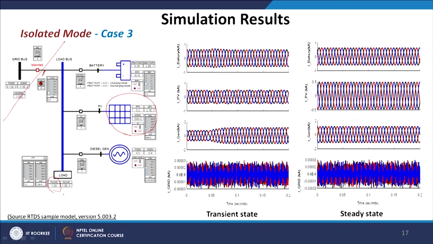So, I need a large amount of power, and that needs to be maintained by both the battery and the diesel generator. The diesel generator is now catering 0.5 and the battery is providing 0.3. Try to understand, the PV is not operating at its MPPT, operating at less than MPPT, assumed to be 0.2 megawatt, of power available to me.